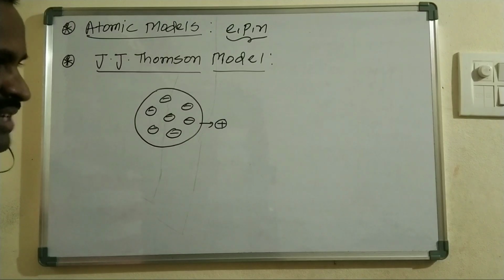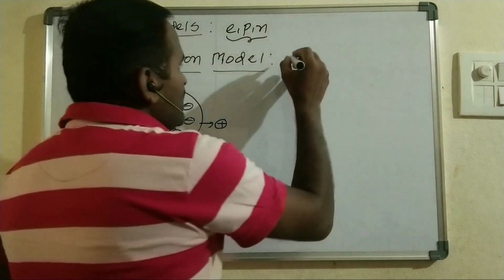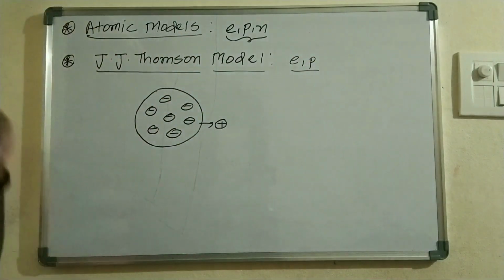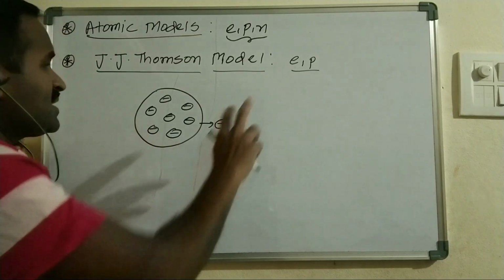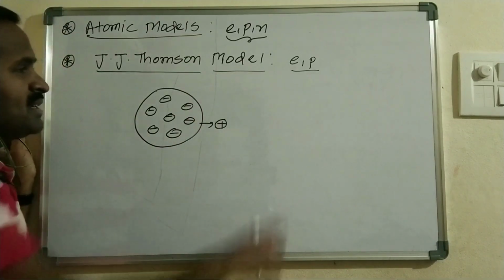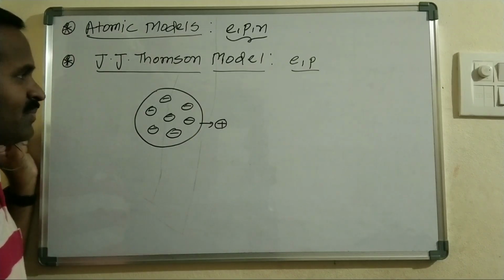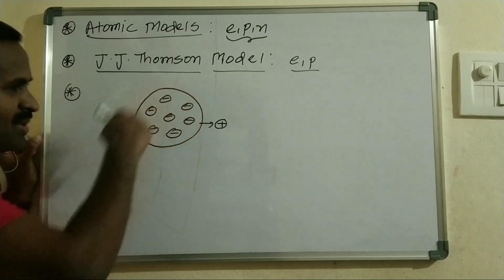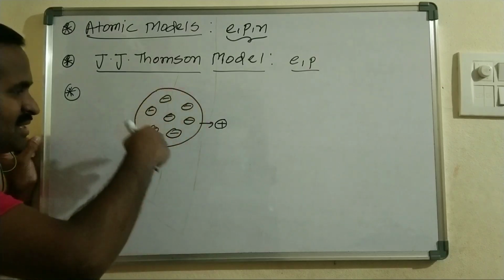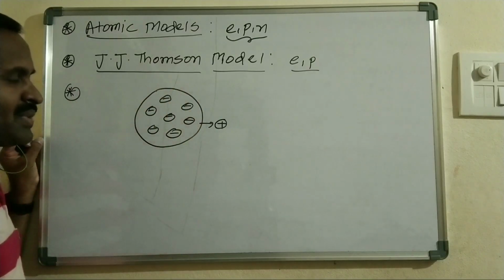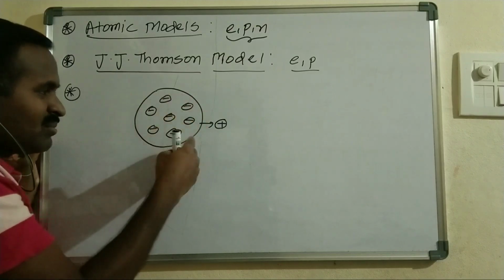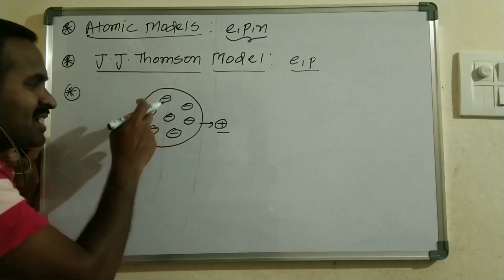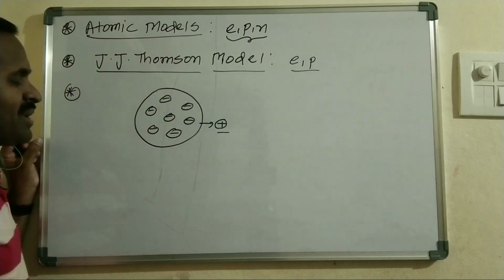J.J. Thomson designed the atomic model with only two fundamental particles of an atom, the electron and the proton. When he was designing the atomic model, only these two fundamental particles were known. According to J.J. Thomson, the atom is a sphere in which positively charged species are uniformly distributed, whereas negatively charged electrons are embedded like seeds embedded in a watermelon.